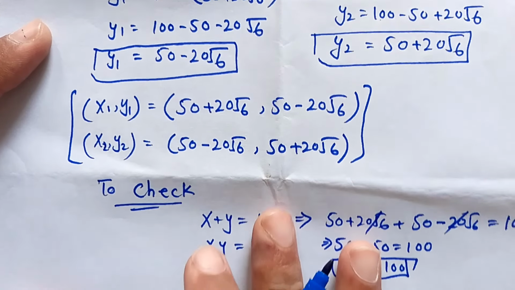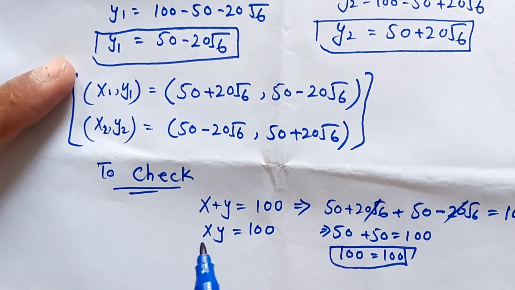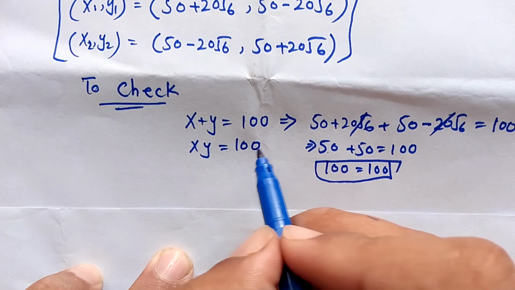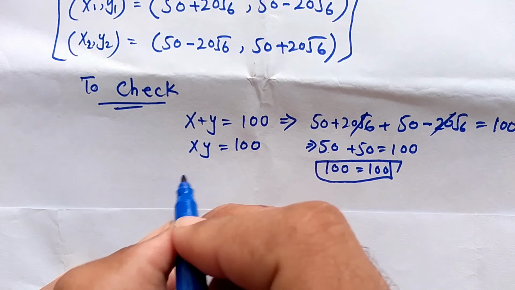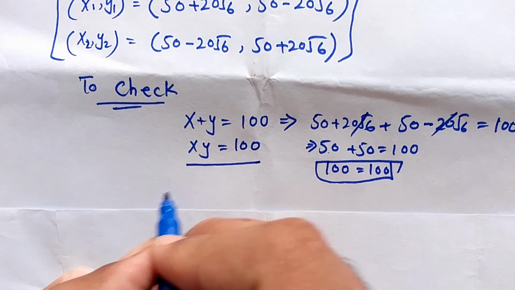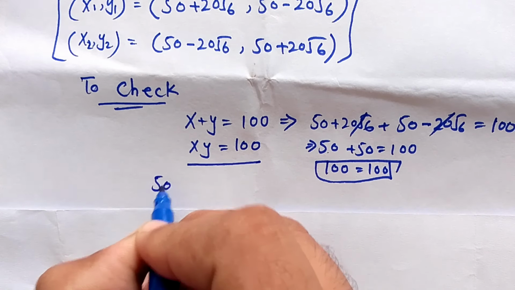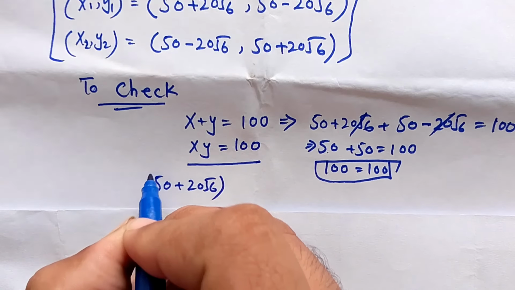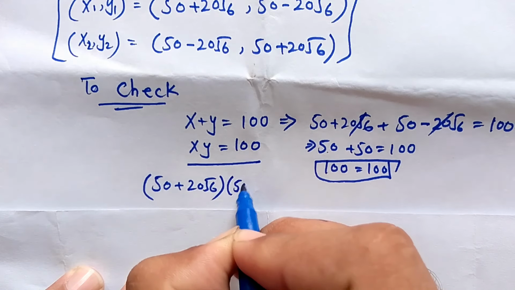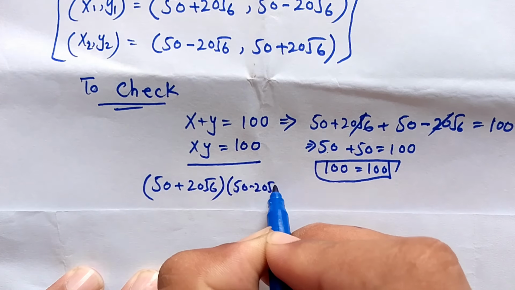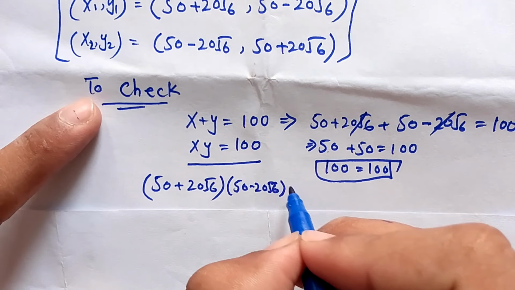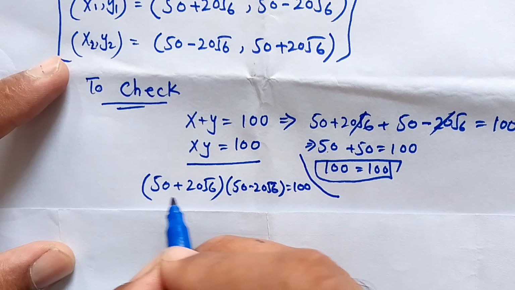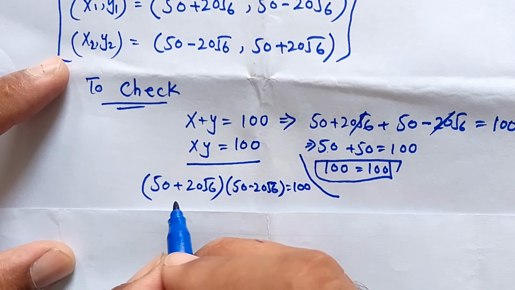Now we have to verify equation number 2, which is xy is equal to 100. So here x is equal to 50 plus 20 square root of 6, times 50 minus 20 square root of 6, which should be equal to 100. We know that this is in the form of the a square minus b square identity.